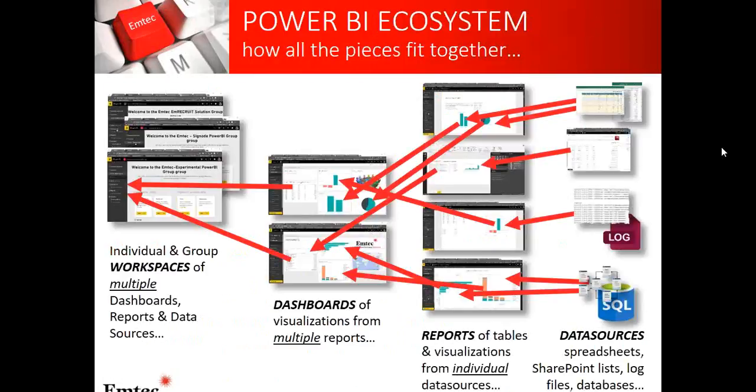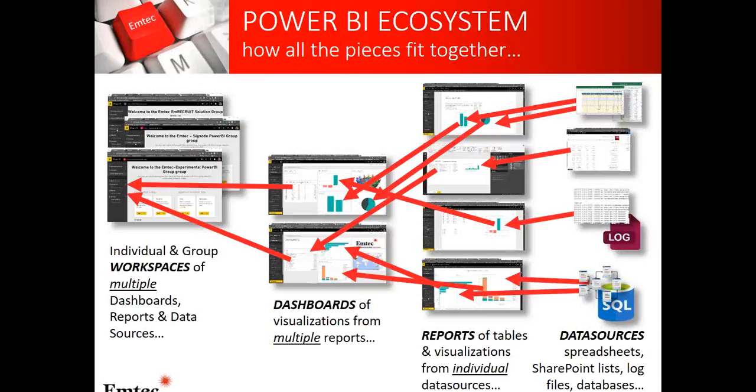If I were to try to draw visually what's going on inside Power BI, you end up with four major kinds of constructs. You end up with workspaces, dashboards, reports, and data sources. If we talk about data sources first and work from the right to the left of this slide, we see that data sources represent spreadsheets, SharePoint lists, log files, even streaming data.